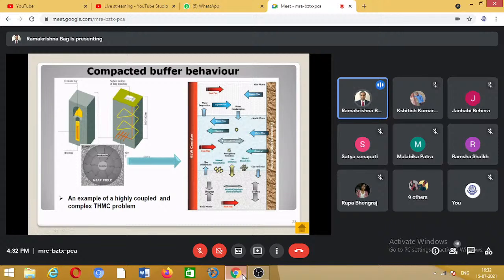In between, when water is entering, the bentonite block will also try to expand. But here expansion is not allowed: on one side you have the rock, on the other side the canister. Both are rigid materials. So as expansion is not allowed, it will apply pressure. And if the water is flowing, it will also take away some of the chemicals.